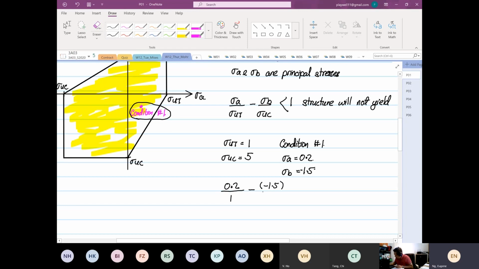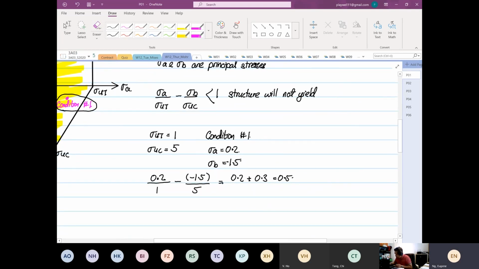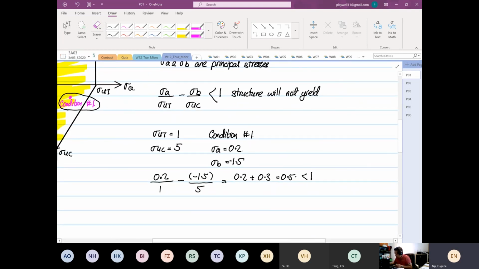So 0.2 divided by 1 is 0.2, minus becomes plus 1.5 divided by 5, which is equal to 0.3. So this in fact is equal to 0.5. So 0.5 is less than 1. Okay, so the structure will not yield.